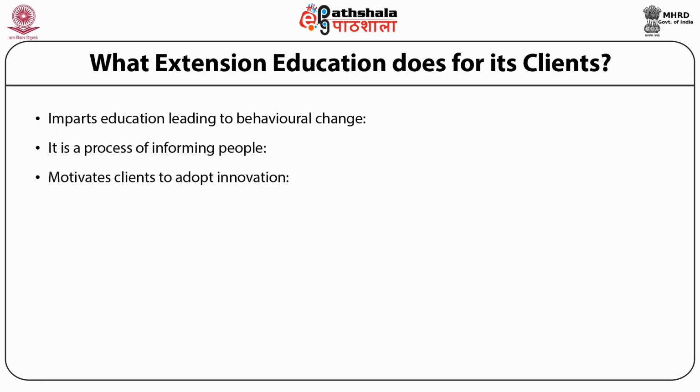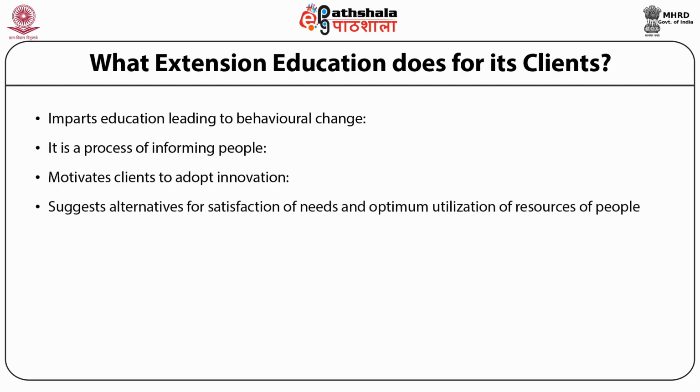The fourth element that we are going to discuss is suggesting alternatives for satisfaction of needs and optimum utilization of resources of people. The agencies involved in extension services generally promote a particular idea, technology, process, or method, which is part of the extension strategy. Many times we are limited to certain options or a particular aspect. Hence, the result is partial or non-adoption of the technology.